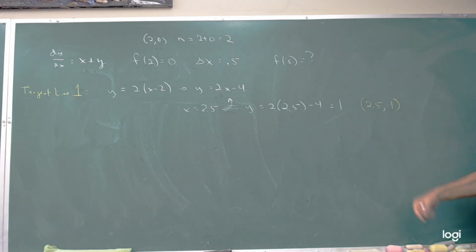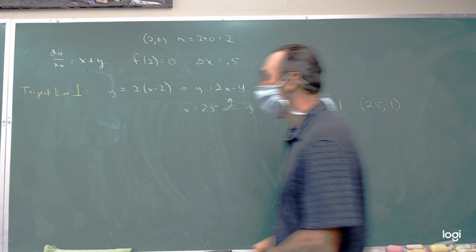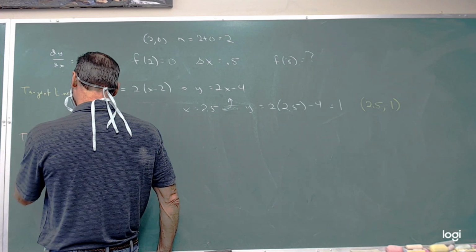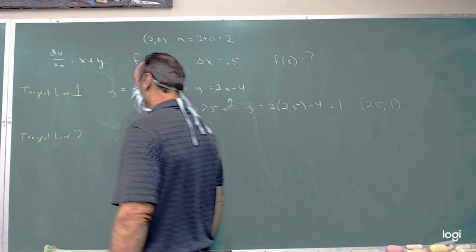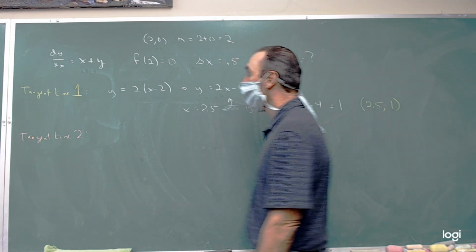And so now we're going to build a new tangent line, our second tangent line, at this point. So now we've got tangent line number 2. And we've got our point, which is 2.5 comma 1.